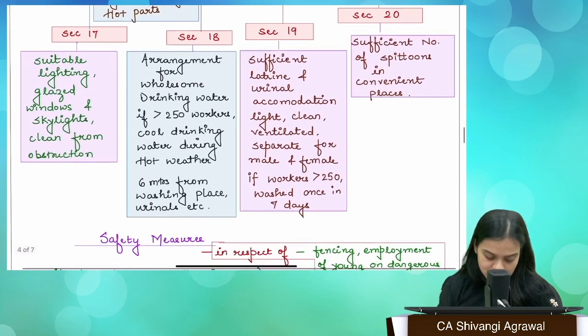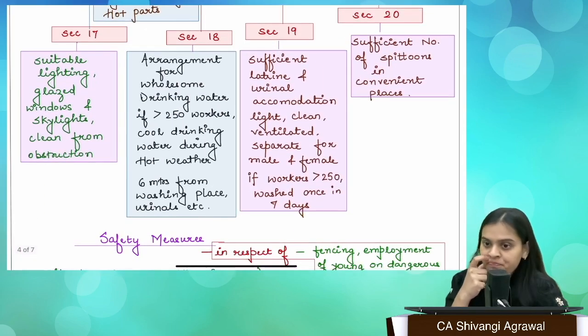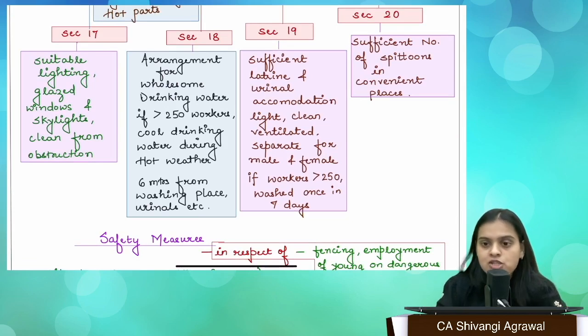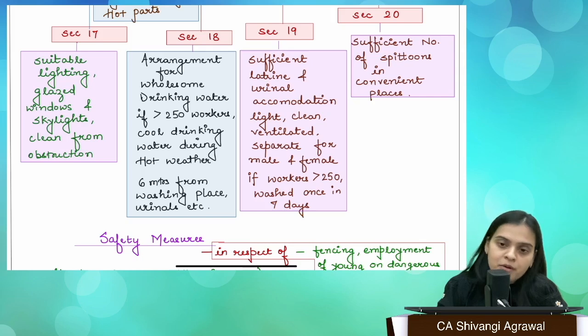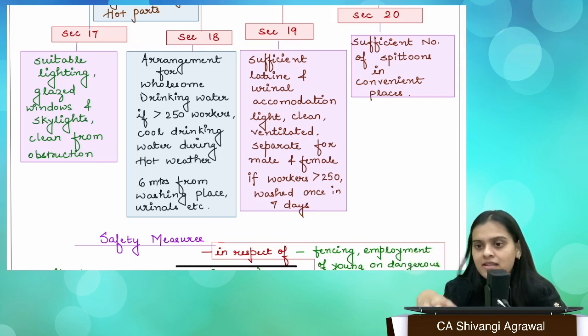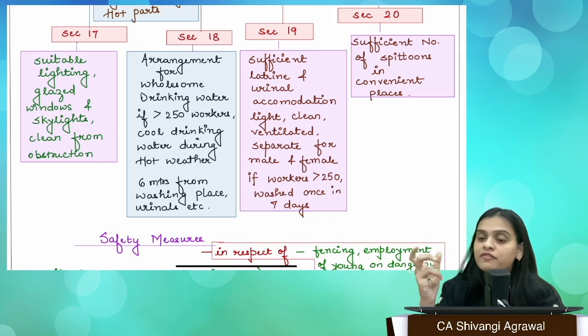Then we have section 17, which talks about lighting. Every part of the factory has to be properly lighted. There could be lights coming from the windows, and there shouldn't be any obstruction for the light. There is one more thing when we talk about flashlights or reflection.